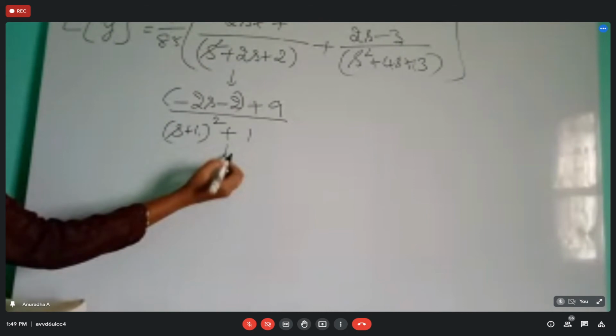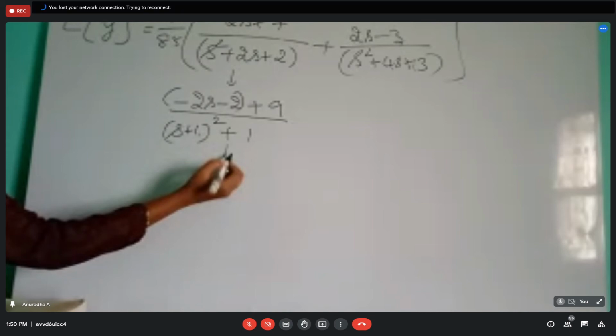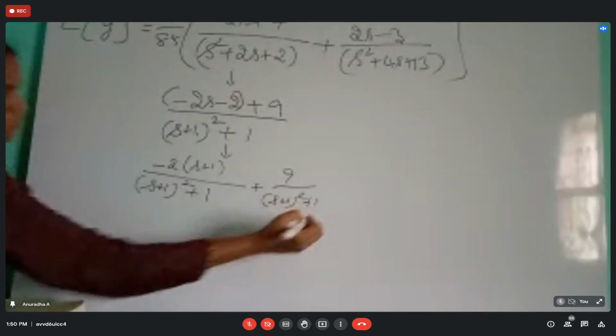Two terms will come now, like that I will write s plus 1 whole square plus 1.